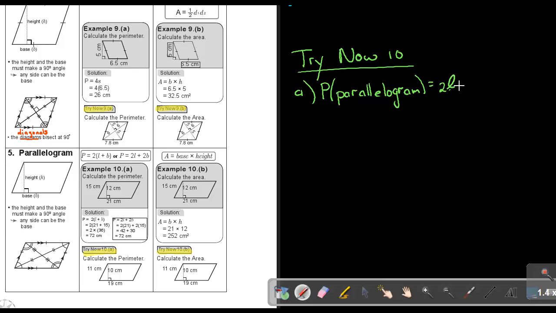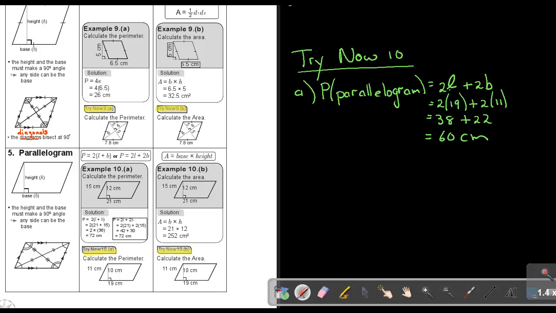So it's 2 length plus 2 breadth. Now, if I look at this, this is the length, this is the breadth. So it's going to be 2 times 19 plus 2 times 11. And that is going to give me an answer of 38 plus 22, which is 60 centimeters.